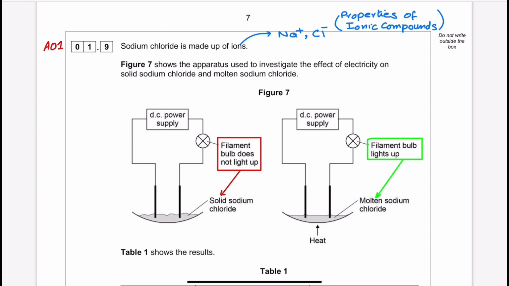So as compared to the solid sodium chloride, molten sodium chloride has free ions. And when the free ions are present, they are responsible for conduction of electricity. Therefore, the key information is given here. The filament bulb lights up because free ions are present to conduct the electricity.